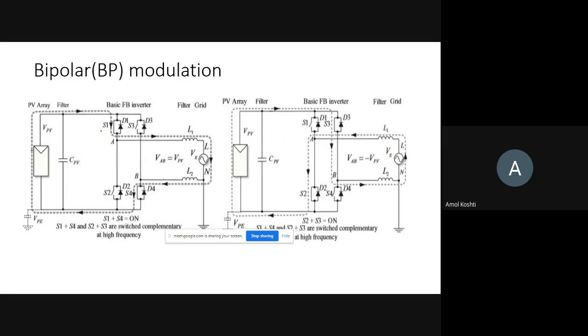First we give a pulse to S1, so current will flow through S1 to point A. From A it flows through L1 and through the grid, comes back, and flows through the S4 switch, ending there. The direction of the current is from upward to downward, so one cycle can be produced at the output.